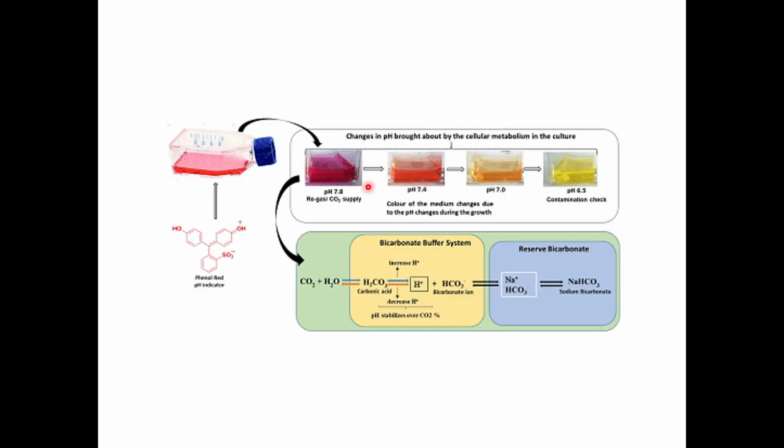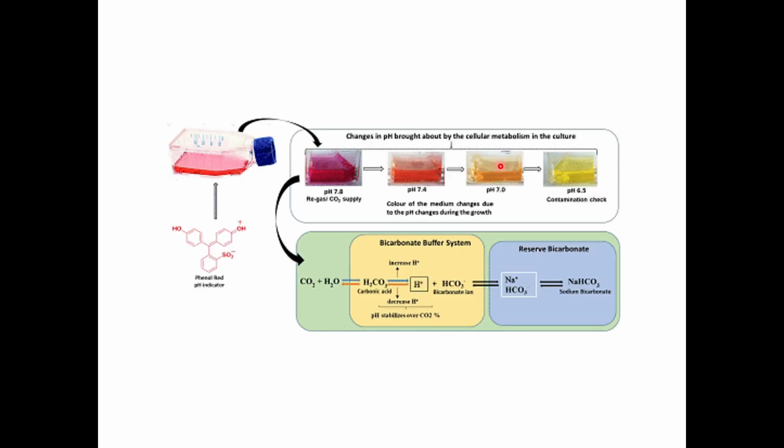So when the pH shifts to alkaline environment, then it becomes pink or magenta. So here it is somewhere 7.8 or 7.9. And when the pH shifts to acidic, it becomes light orange to yellow.